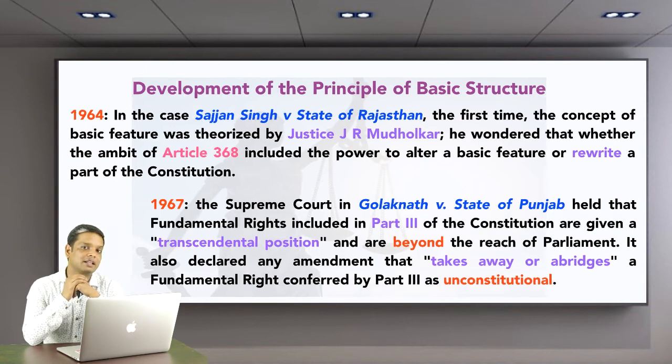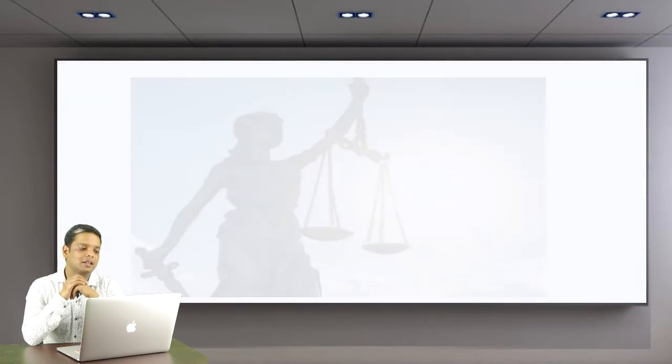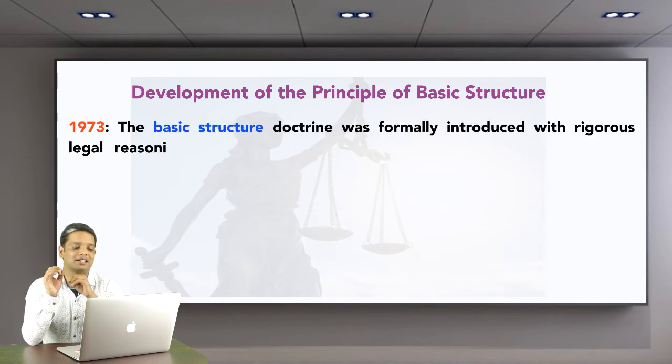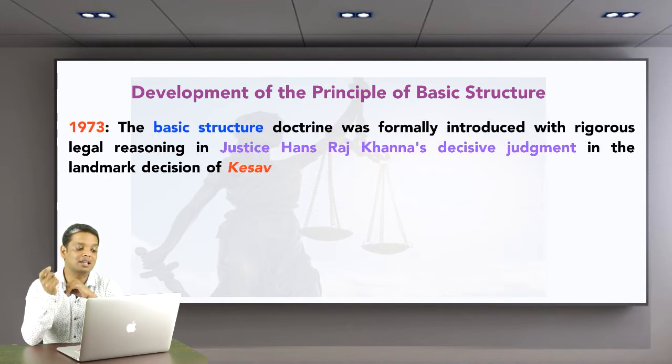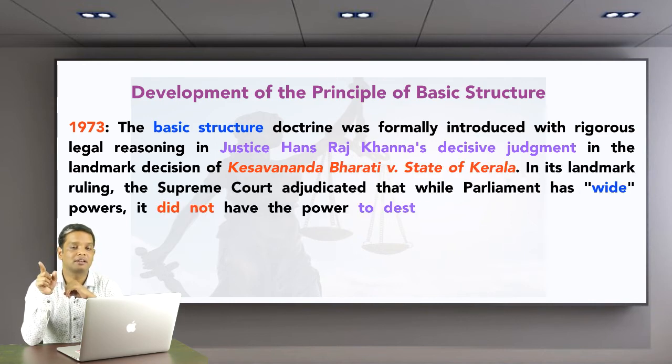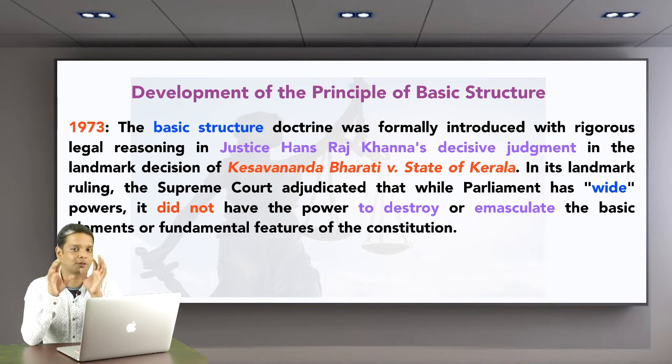However, lastly, in 1973, the basic structure doctrine was formally introduced with rigorous legal reasoning in Justice Hans Raj Khanna's decisive judgment in the most popular landmark case, which most of us know: Kesavananda Bharati versus State of Kerala.